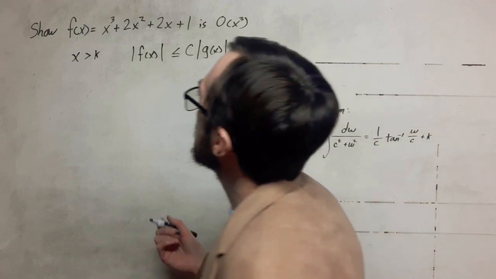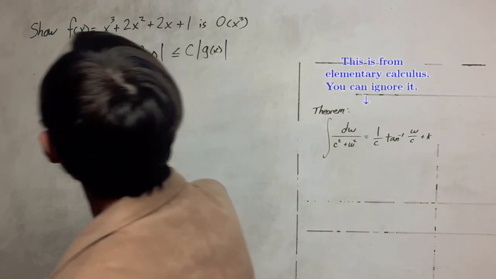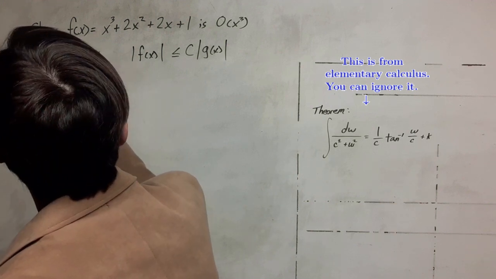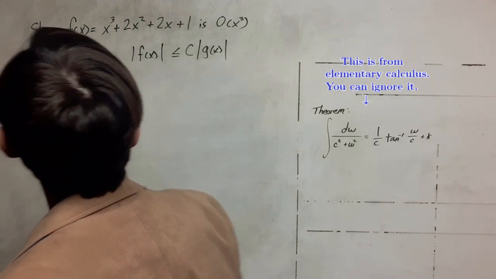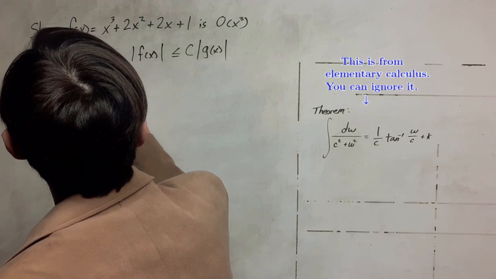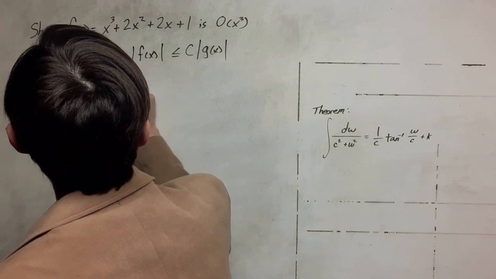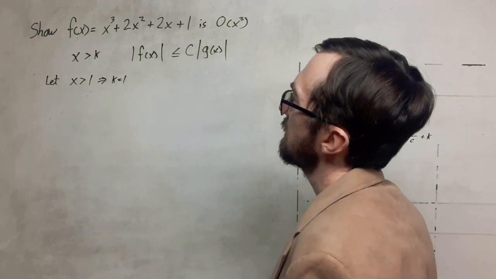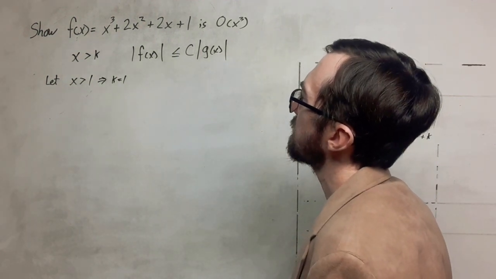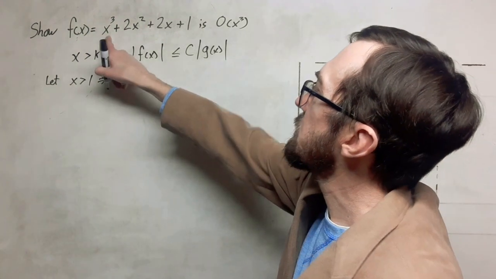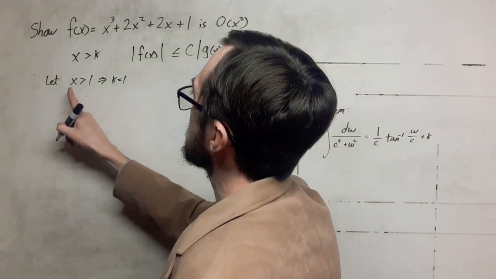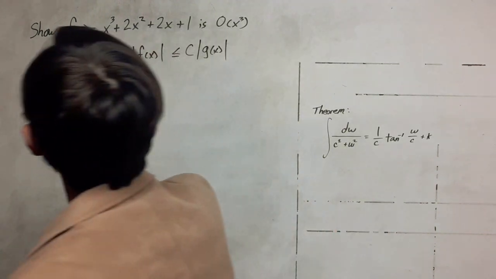So let's start out and try this and say, let k be 1. So this implies that k equals 1, if we choose this. So we have x cubed here. If I multiply this side by x squared, I'll get an x cubed.